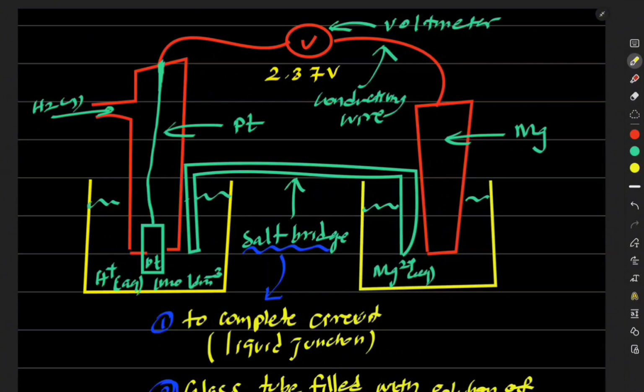Therefore the magnesium 2+ and magnesium electrode is recorded as minus 2.37. Here magnesium has a higher ability to form ions than hydrogen, therefore it is the negative electrode.